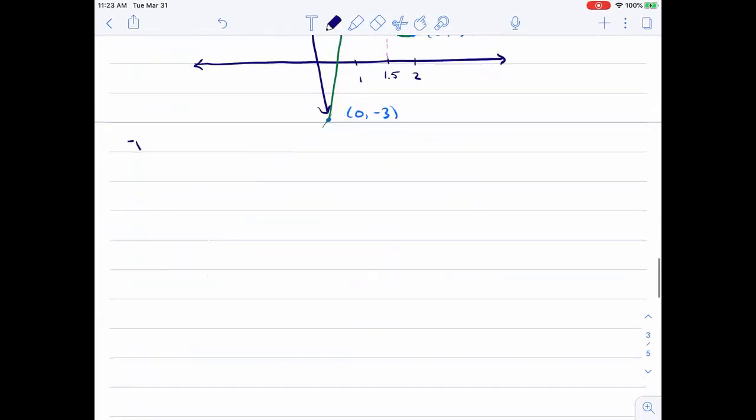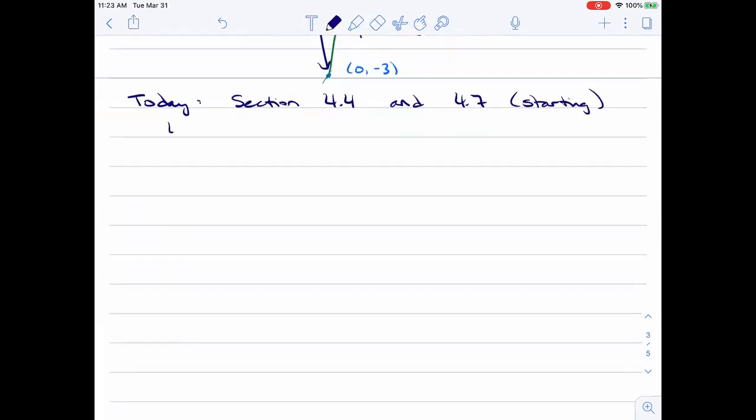So today we're doing section 4.4 and 4.7, probably just starting it. We're not doing 4.5 this term, which is great because it's sketching. So we don't have to worry about that.